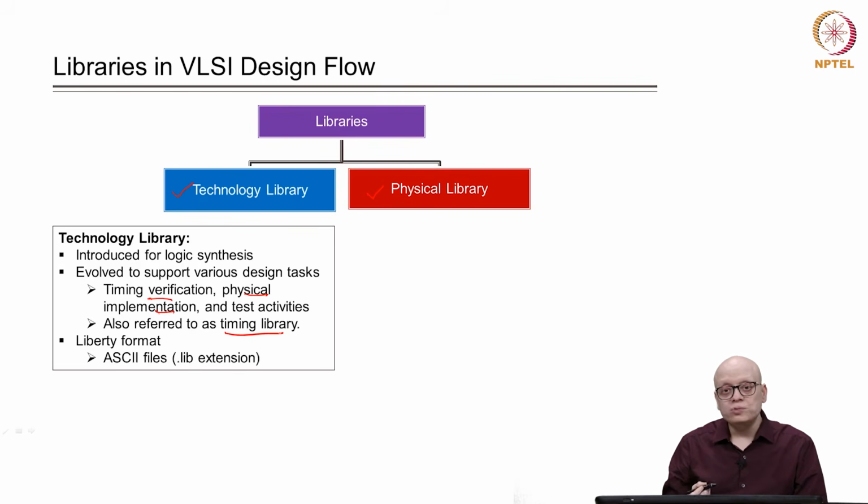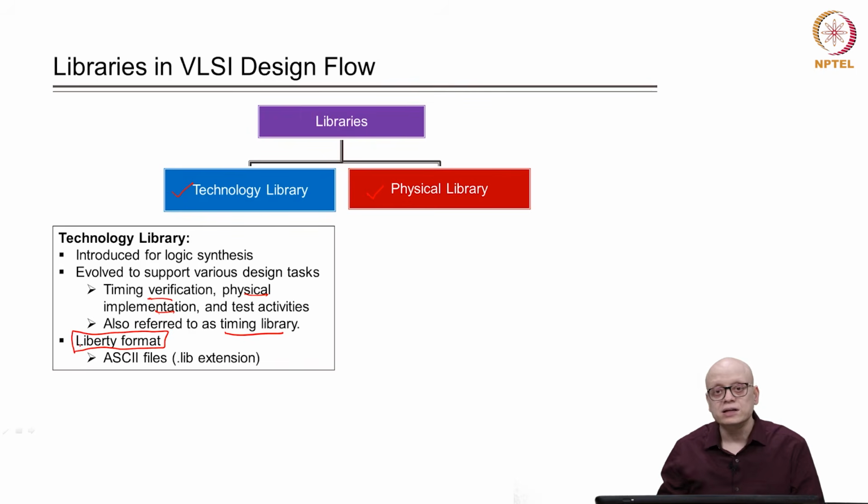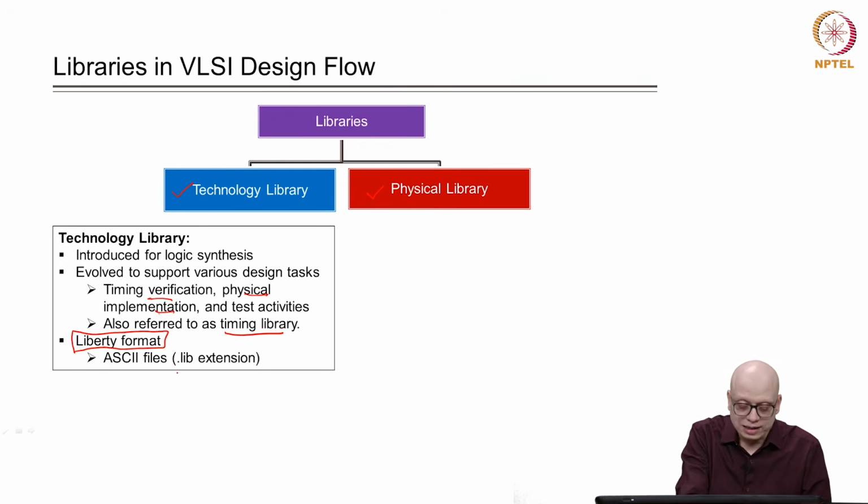In which format do we specify these technology libraries? The most common way in which the information of the cells in a technology is encapsulated is the Liberty format. So, the format in which the technology library is typically used in the design flow is known as the Liberty format, and the technology libraries typically have the extension .lib.